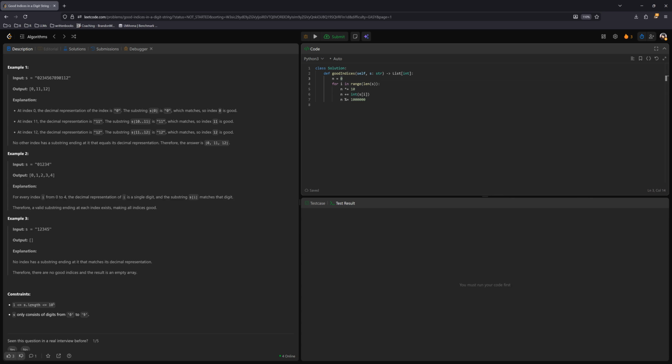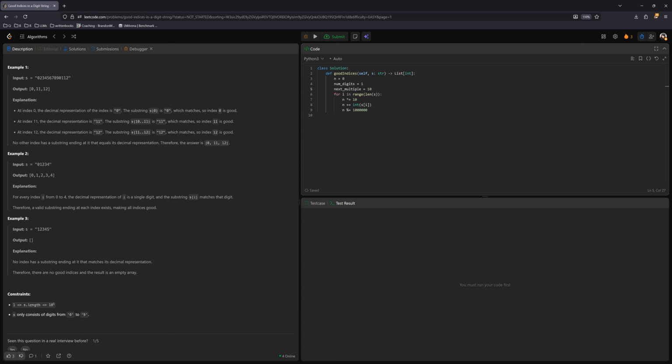And number of digits. Okay. Num digits equals... and then next digit. Yeah, num digits. Next multiple. Let's do it like that. Multiple equals 10, right?